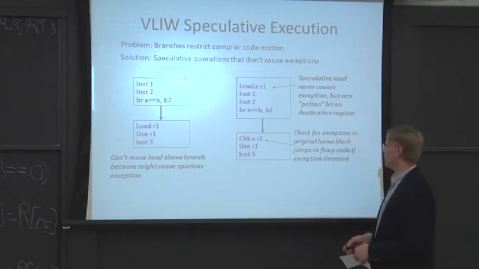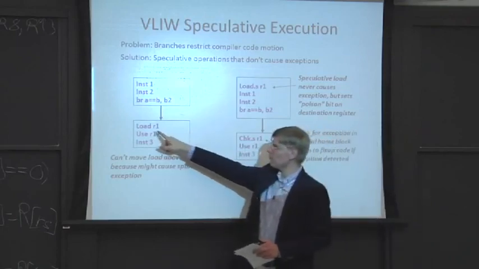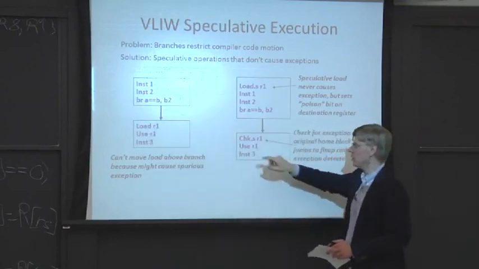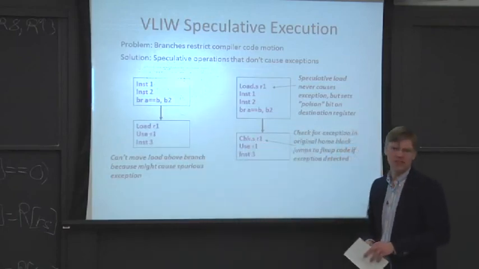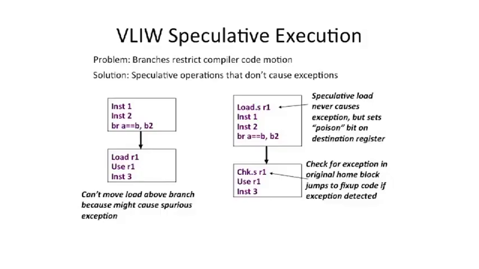So let's take a look at an example of this. Down here, where the load originally was, we put in a check speculative instruction. And it uses R1 here. So what this is going to do is check the value of R1. And if R1 took a trap or exception, and there was some problem with it, we can jump to fix-up code.